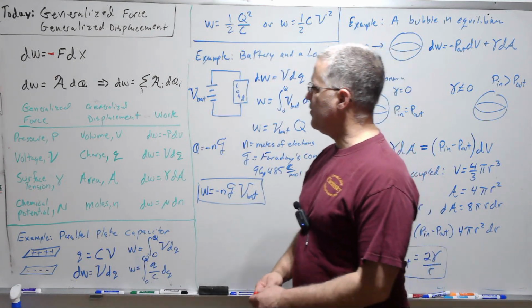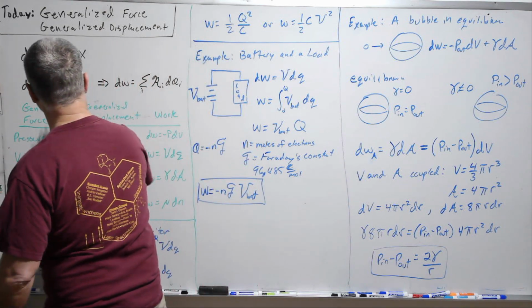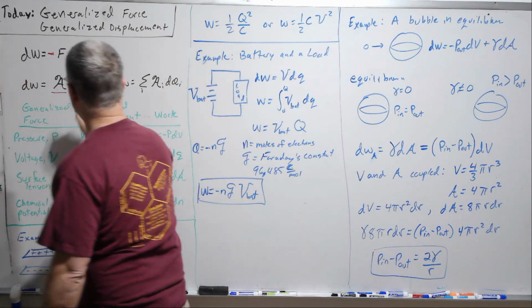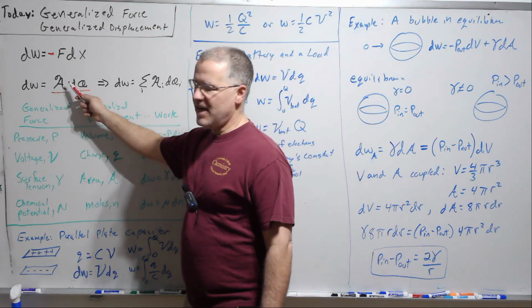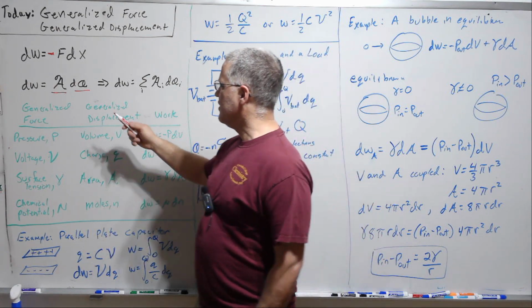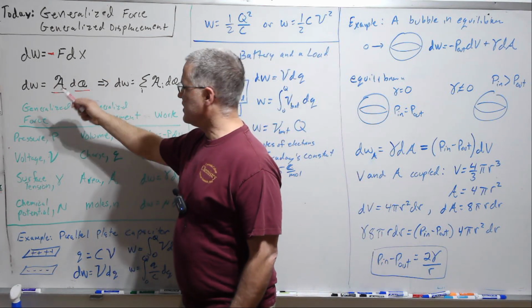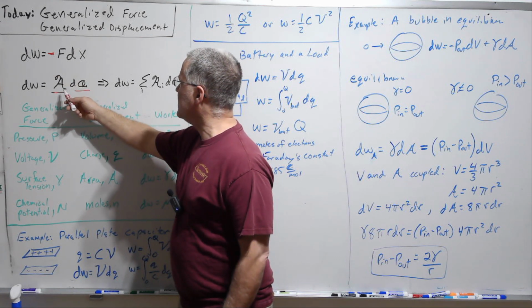So what is done is we define a generalized force and a generalized displacement. And I'm going to call this really fancy A. We're going to run into a fancy A down here, and then a regular A later on, not in this lecture. But so this is the generalized force.